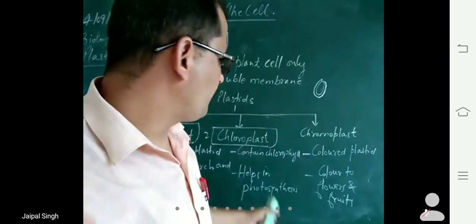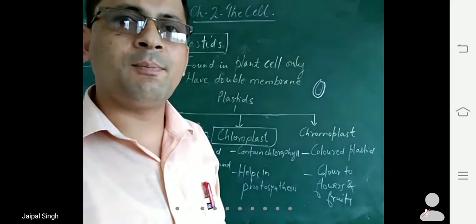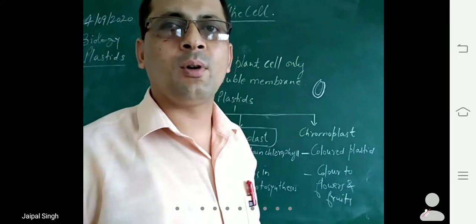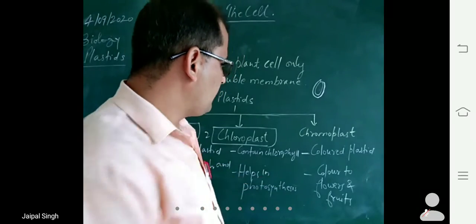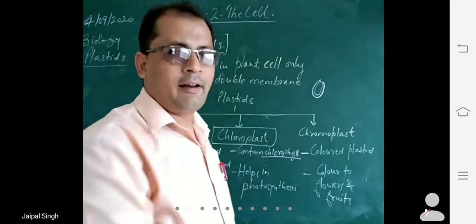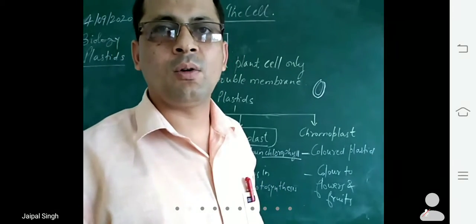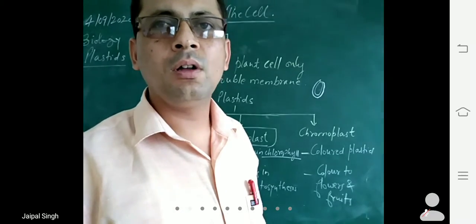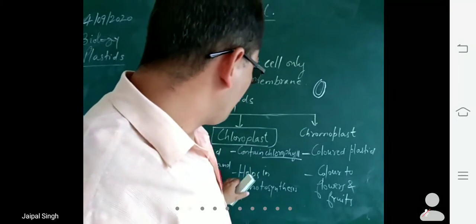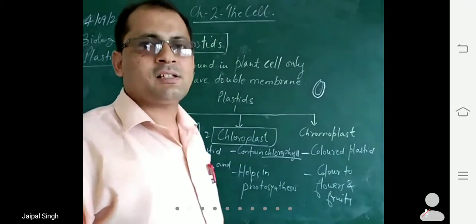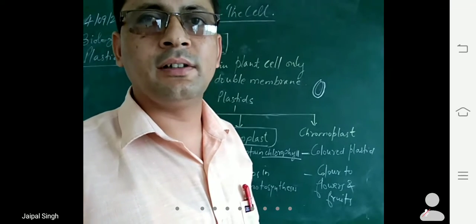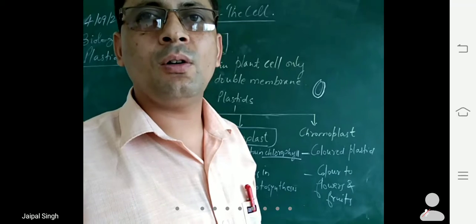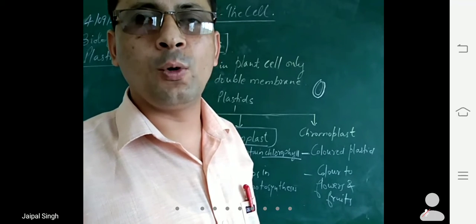This chlorophyll plays a major role in photosynthesis, because it traps the sunlight which is required for the completion of photosynthesis. Because chloroplast contains chlorophyll, it helps in the process of photosynthesis, the process by which plants make their food.